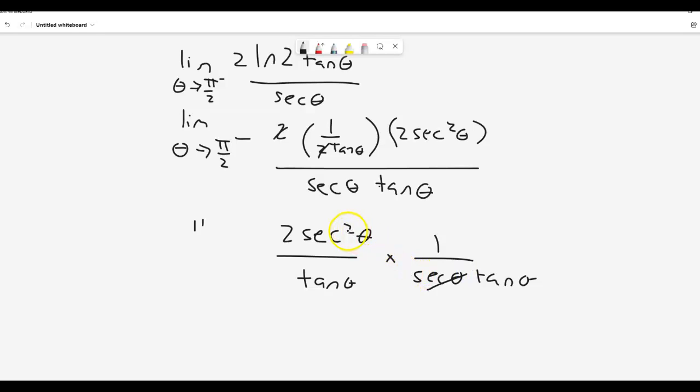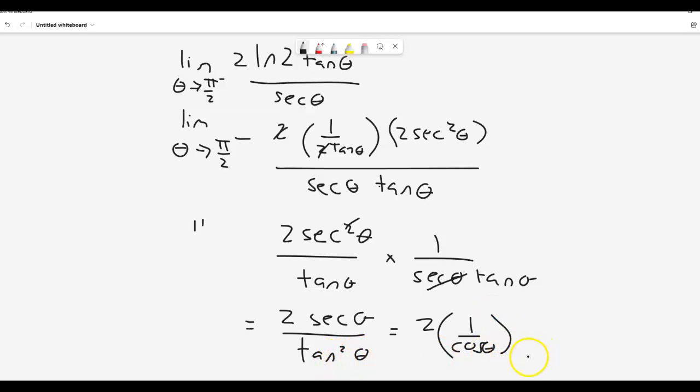And that will cross out with one of those. This is going to give me 2 secant of theta over tangent squared of theta. Now let's do this using sine and cosine. So this is going to be 2, and secant of theta is 1 over cosine of theta.